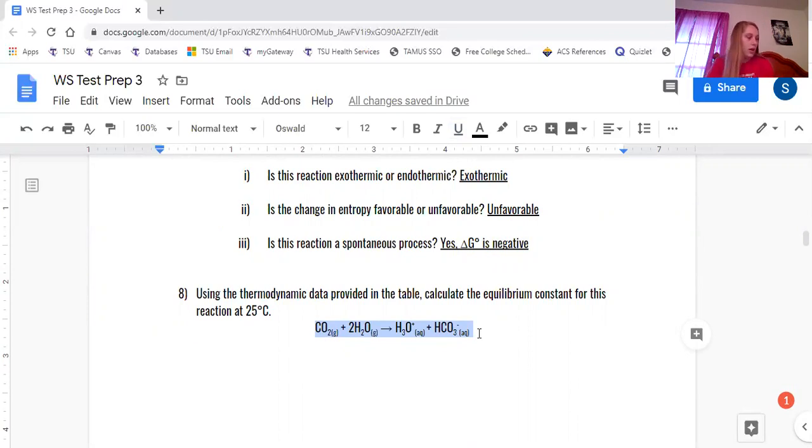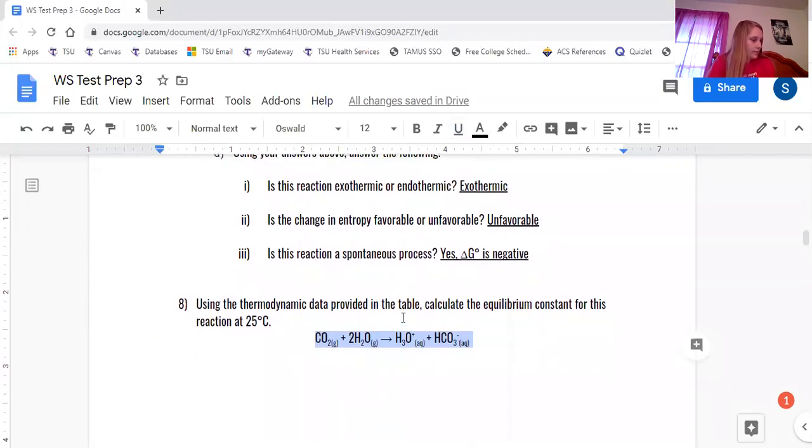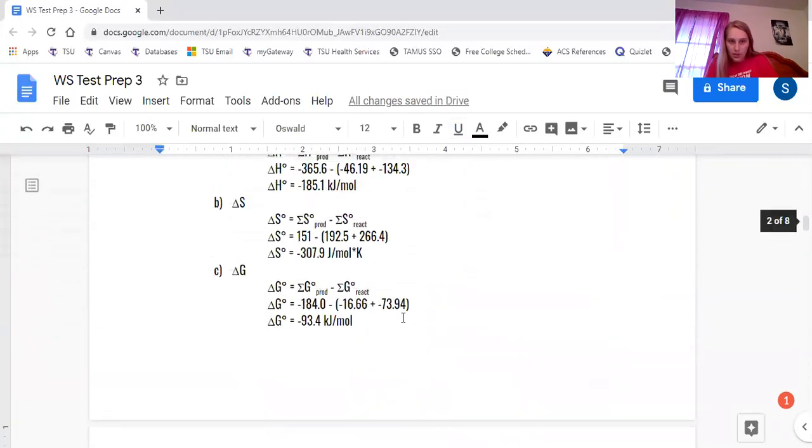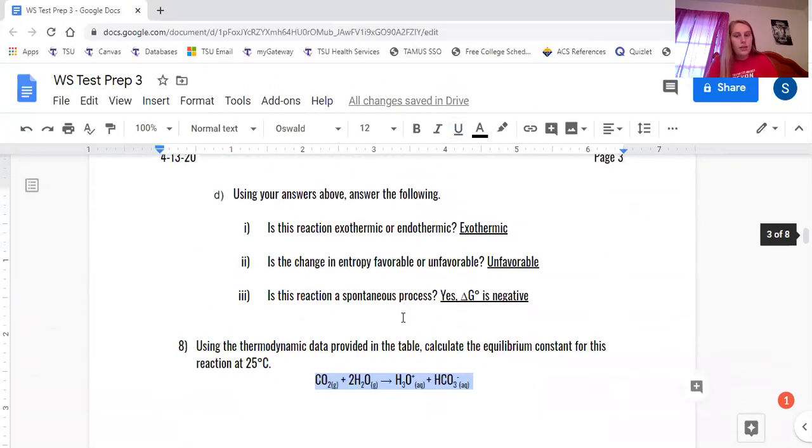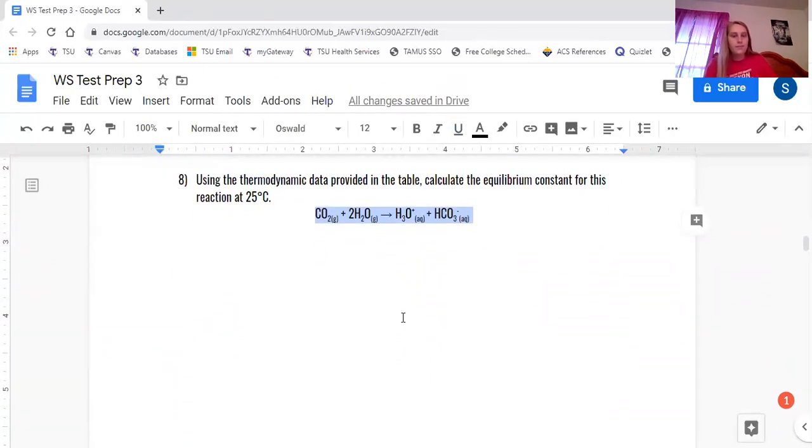So our equilibrium constant, remember, is the K value. That's not what we did above here. No. Okay. So this is one of the equations that we talked about earlier to find our delta G value.